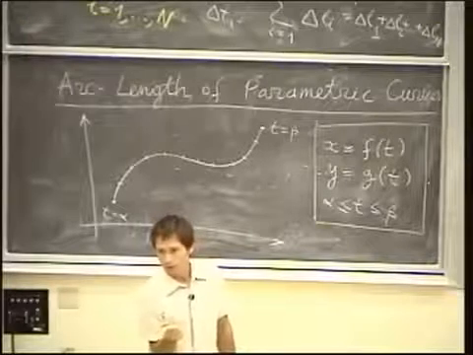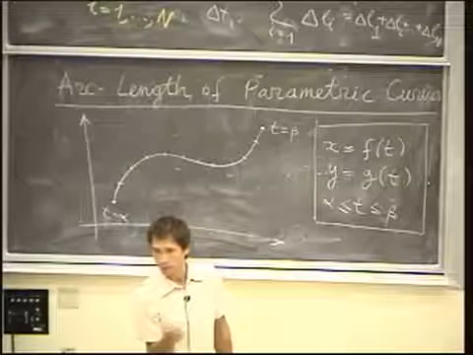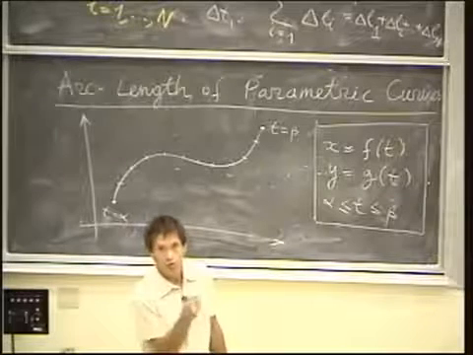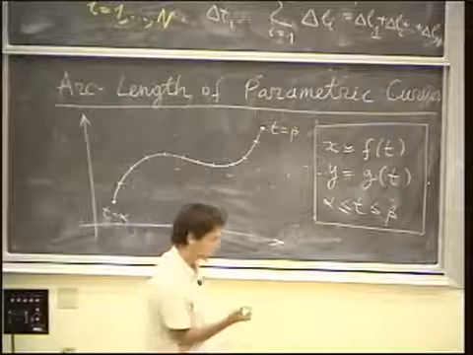In other words, an expression for both x and y coordinates of points which are on this curve as functions of an auxiliary parameter t.